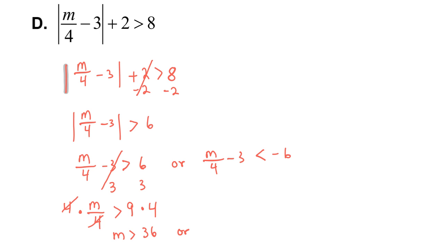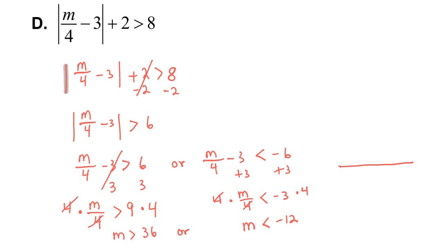Or you're going to add 3 to both sides, and you have m divided by 4 is less than negative 3. You multiply by the reciprocal, which is 4. The 4's cancel, you're left with m less than negative 3 times 4, which is negative 12.